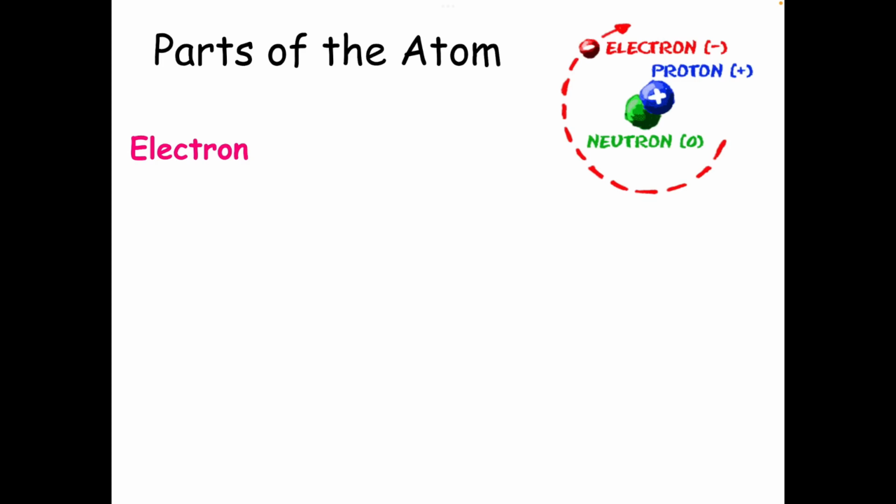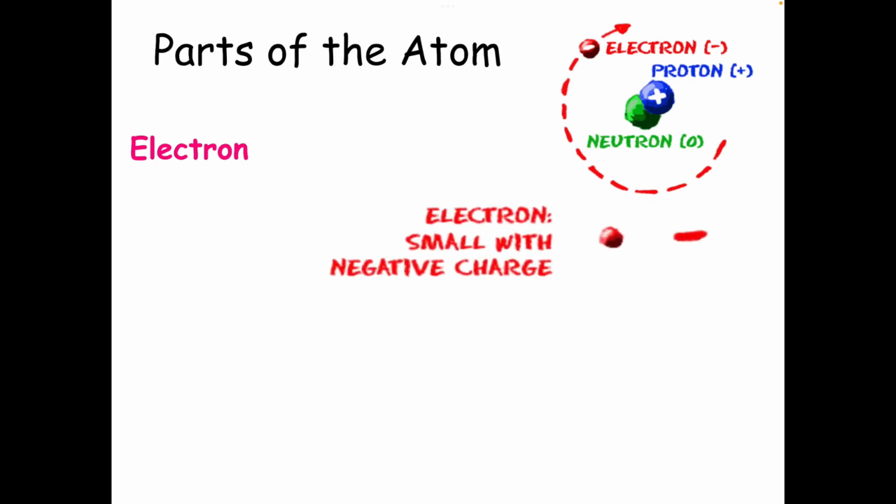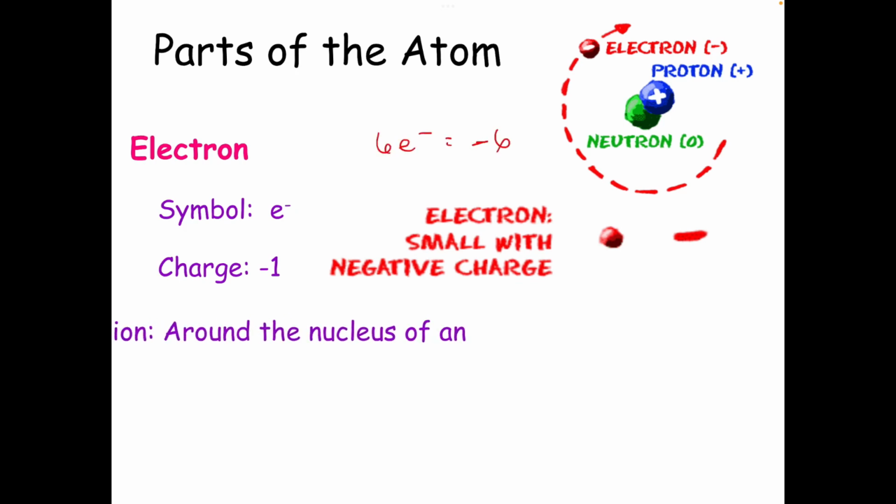But what's even smaller than a proton or a neutron is the electron. Electrons, you'll notice, are on the outside. They are small with a negative charge. The symbol is e minus, lowercase e, minus sign, negative 1. If we had 6 electrons, that would be a minus 6 charge. They are located around the nucleus of the atom.